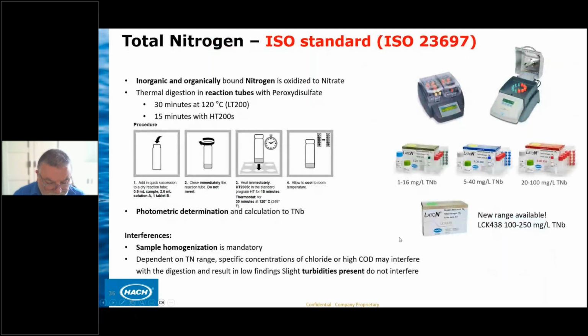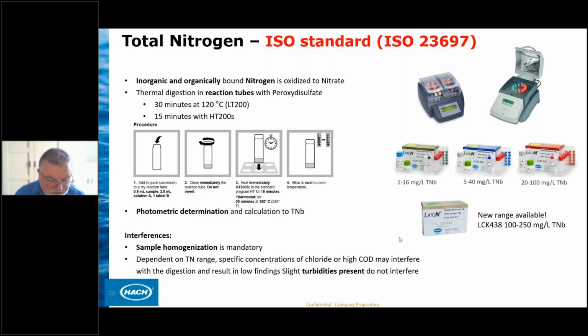The measurement of total nitrogen requires the use of two separate tubes. One is used for the mineralization of a sample, and the second will contain the chemistry necessary for the measurement. Here too, everything is in the box.